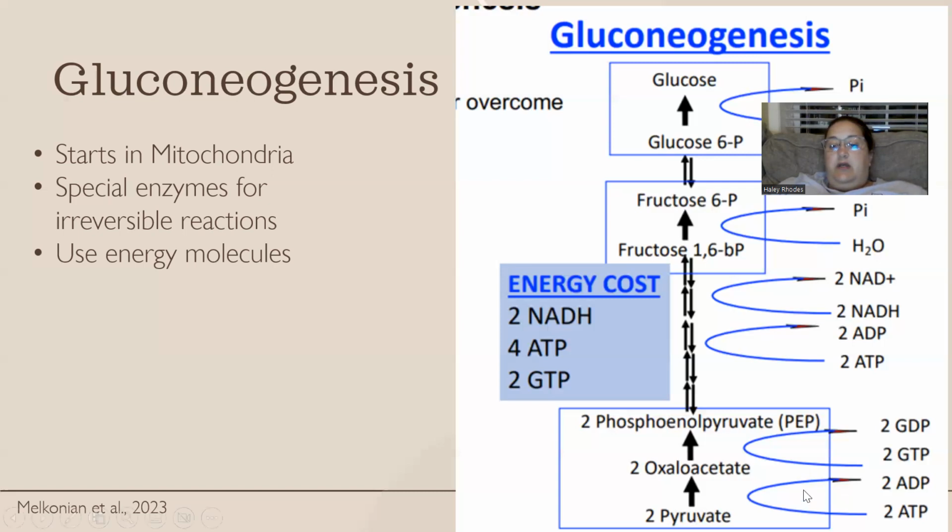So pyruvate to oxaloacetate. This process is going to require the use of ATP. So if you remember, at the end of glycolysis, we had made 2 ATP in that area. So we are using 2 ATP molecules to pretty much drive the process backwards.